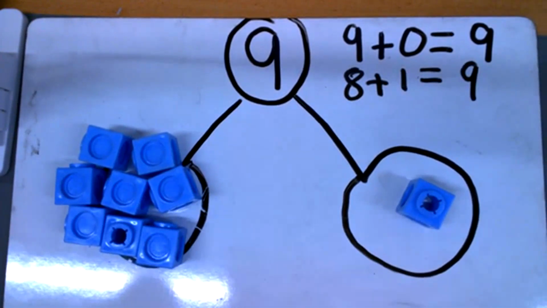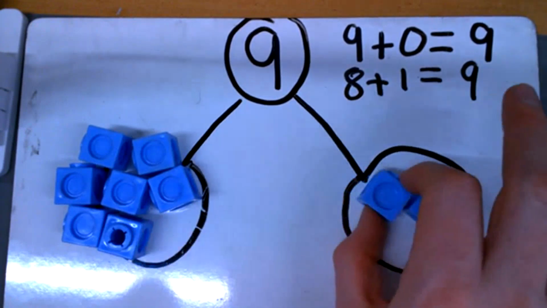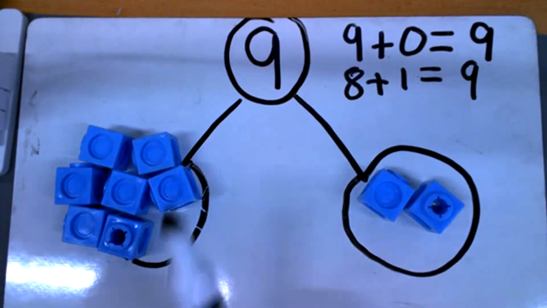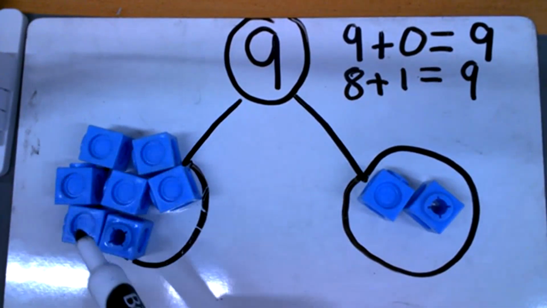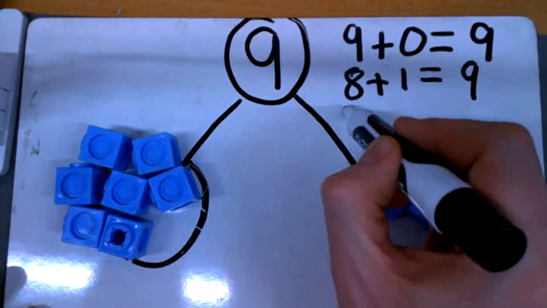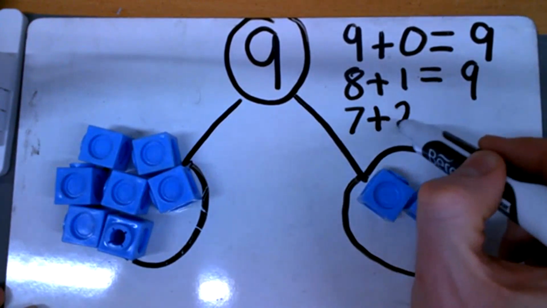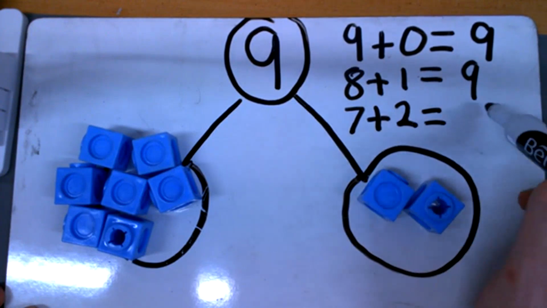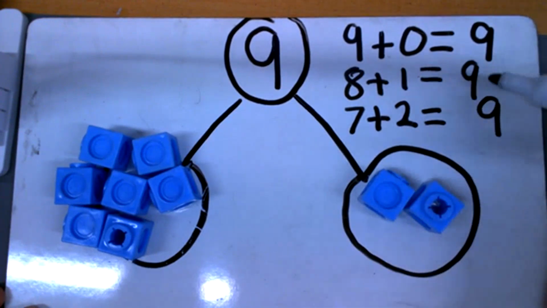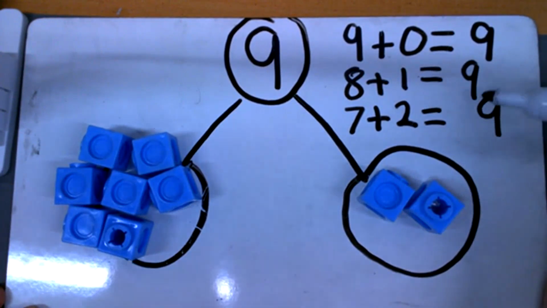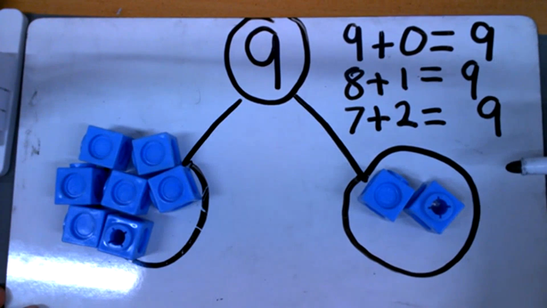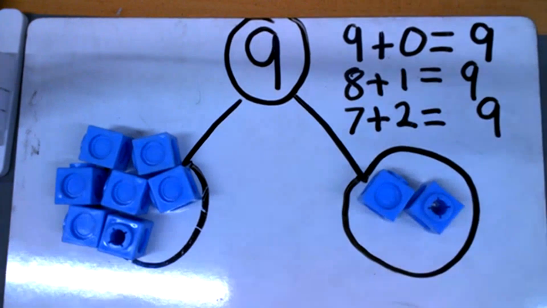Right, I'm going to move 1 across now, keeping with the same method. 1, 2, 3, 4, 5, 6, 7. 7 plus 2 equals 9. Each time, my whole number is going to be 9. Okay, let's have another go.